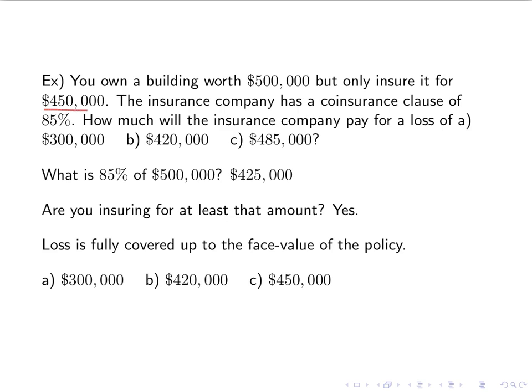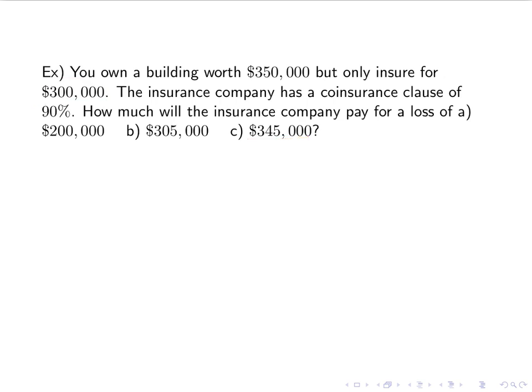As long as the loss is less than or equal to the face value, it'll be covered. If the loss is more, like it is for C, you'll only get covered up to the face value. The insurance company will never, ever, ever pay you more than the face value of the policy.